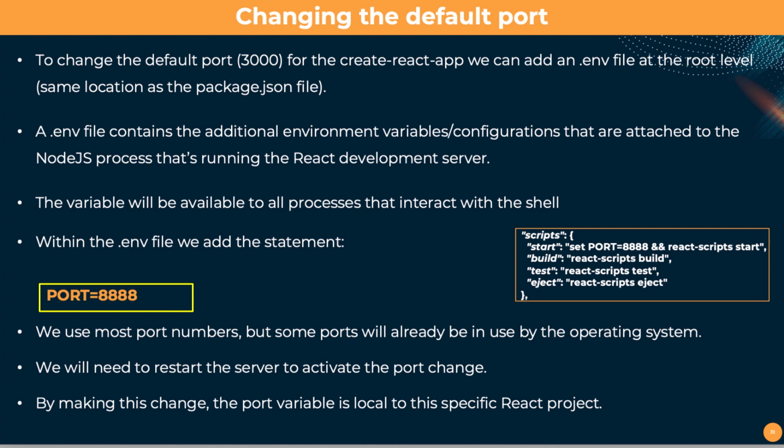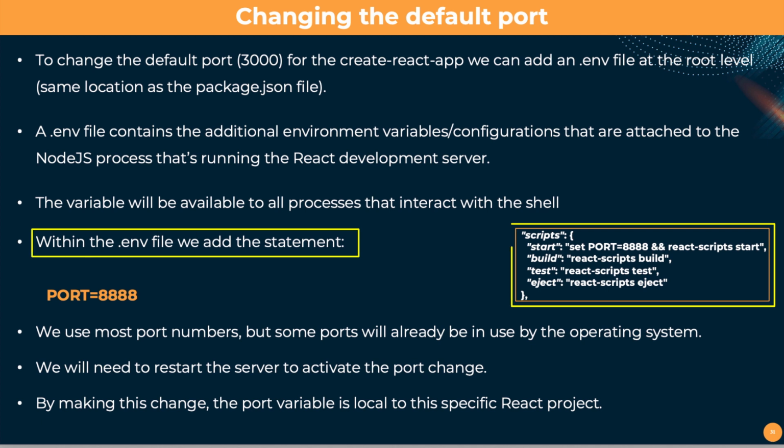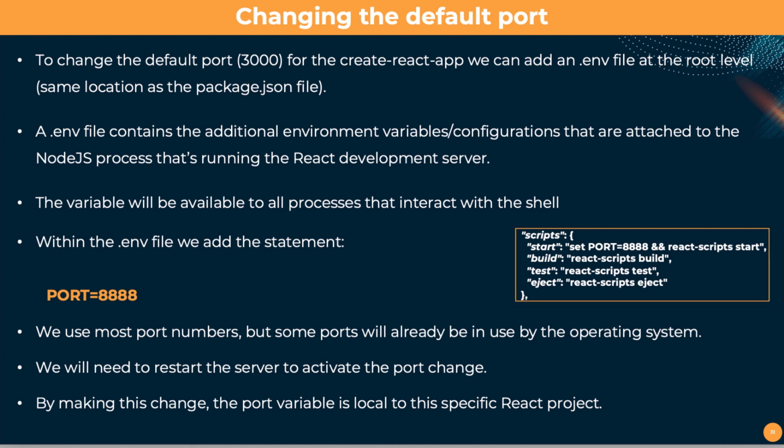That can be changed within the env file, but for now we don't really need to worry about that. Anytime you can close out, make sure you close down your server with Control-C, and then we will be able to start it back up again on port 3000, or it will say, do you want to start it on port 3001, and that is fine for what we want to do.